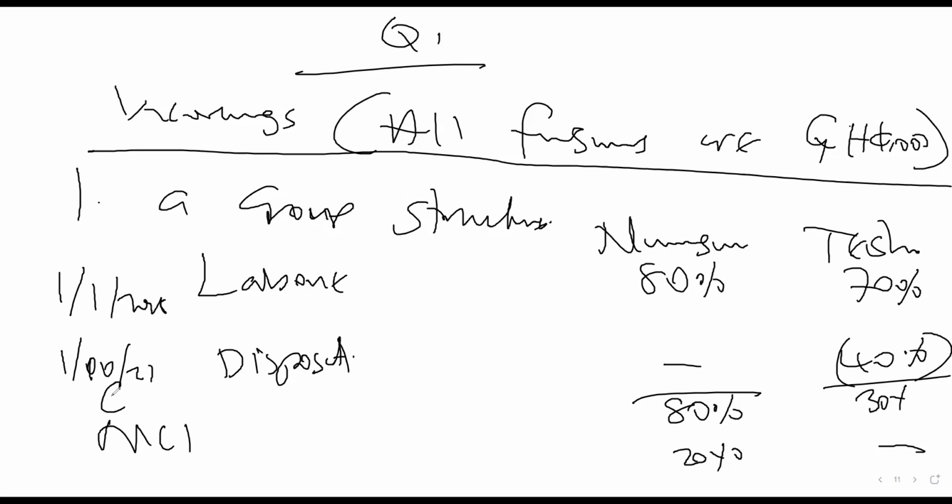From 1st January to 1st October, how many months? All right, so it will be 9 months.